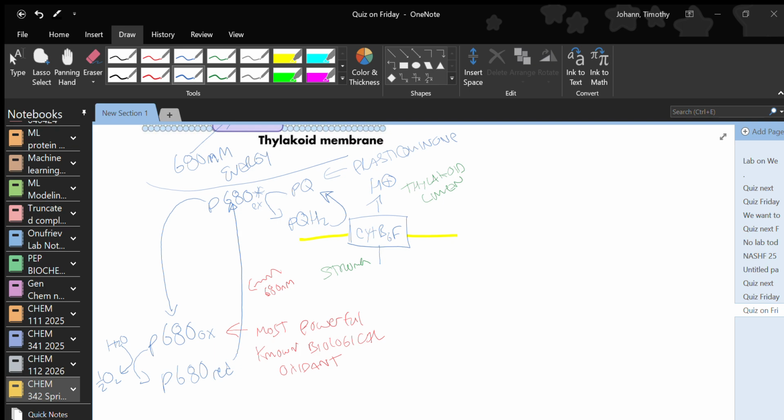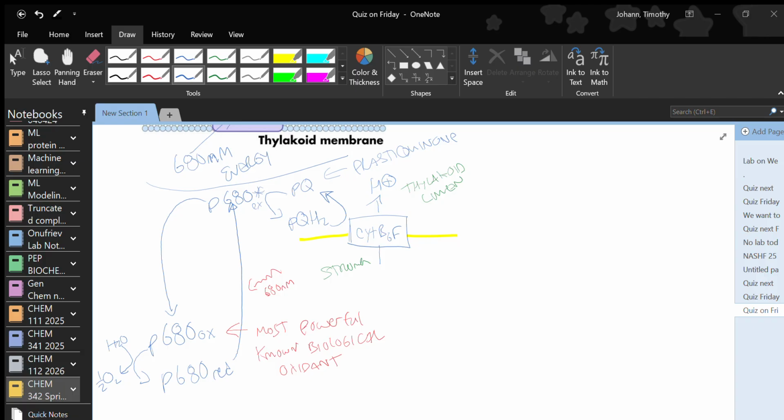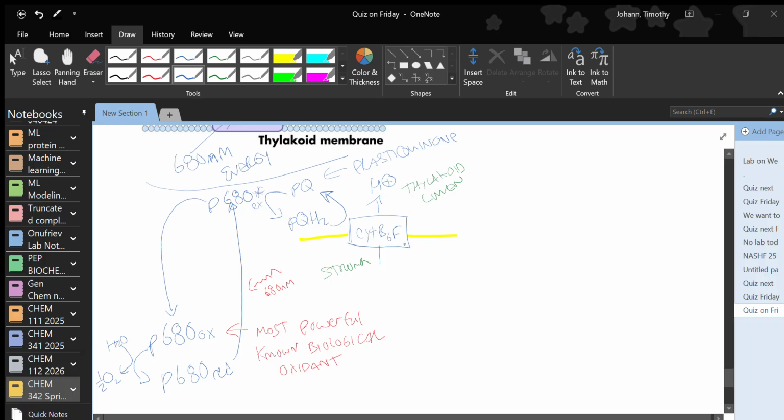And then on the other side of this, plastocyanin is going to pick this up. It's just the membrane, right? All right, so we've got plastocyanin here.